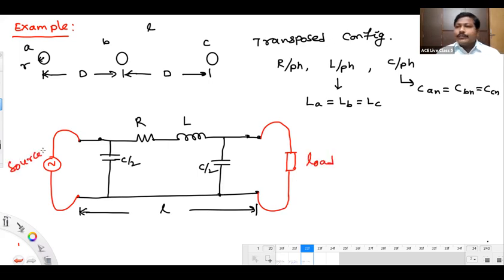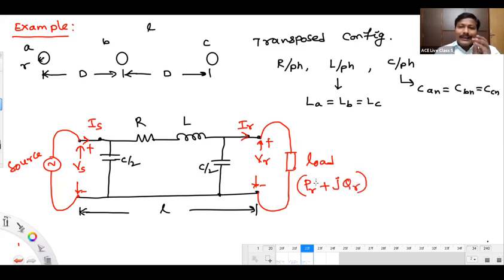Voltage and currents at the sending end location are VS, IS, and at the receiving end location they are VR, IR. This load is consuming a real power of PR and a reactive power of QR, so I can say it is PR plus jQR, the real and reactive powers drawn by the load.